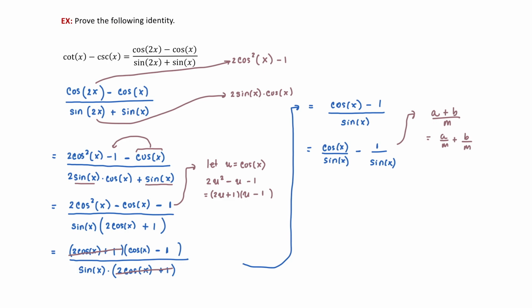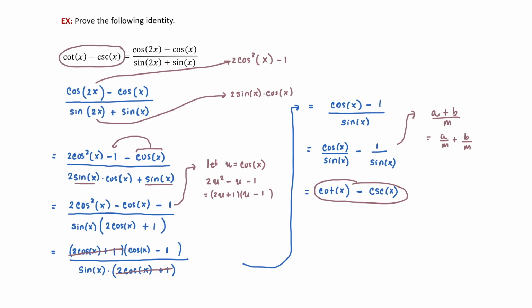And now I want you to notice how cosine over sine is equal to cotangent of x. And notice that 1 over sine is equal to cosecant of x. Now when I look at this expression here, and when I look at this left side right here, let me circle that. They are identical.